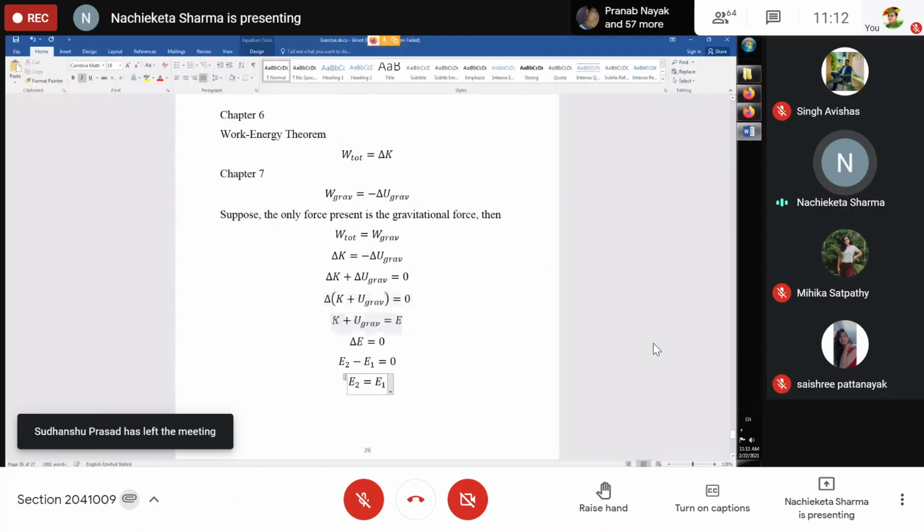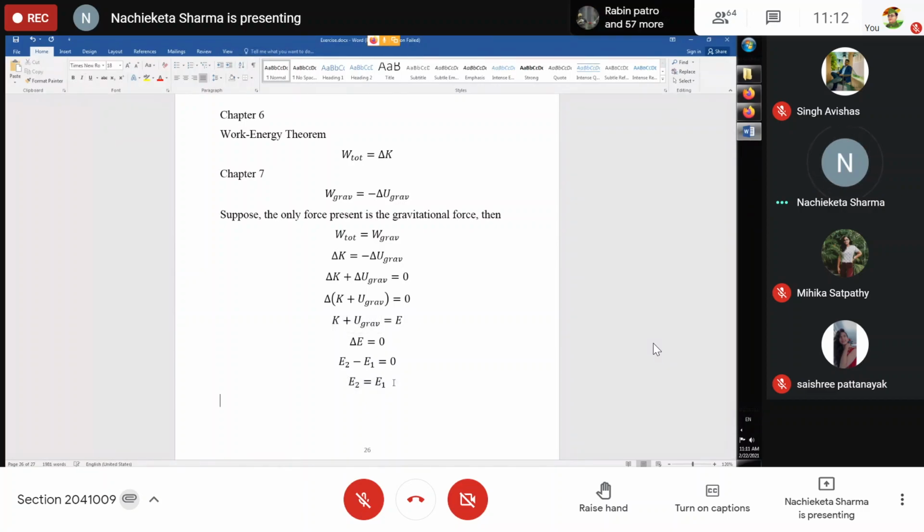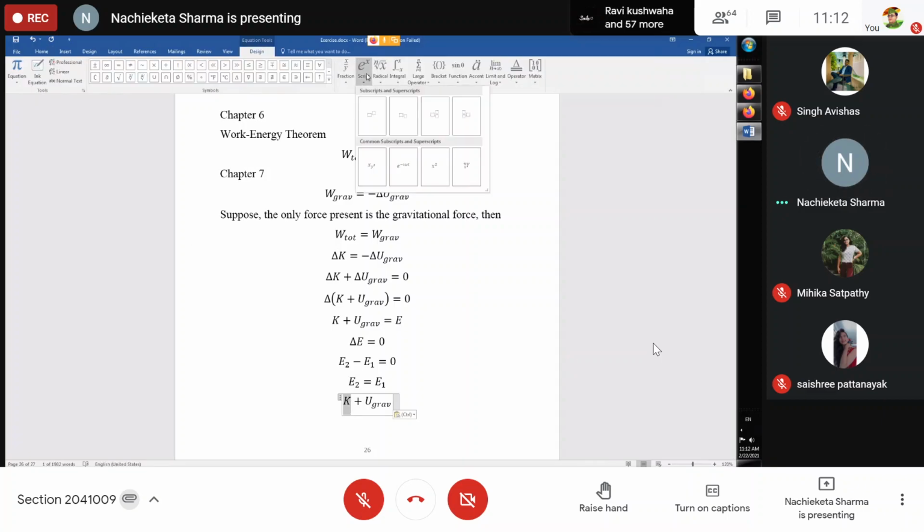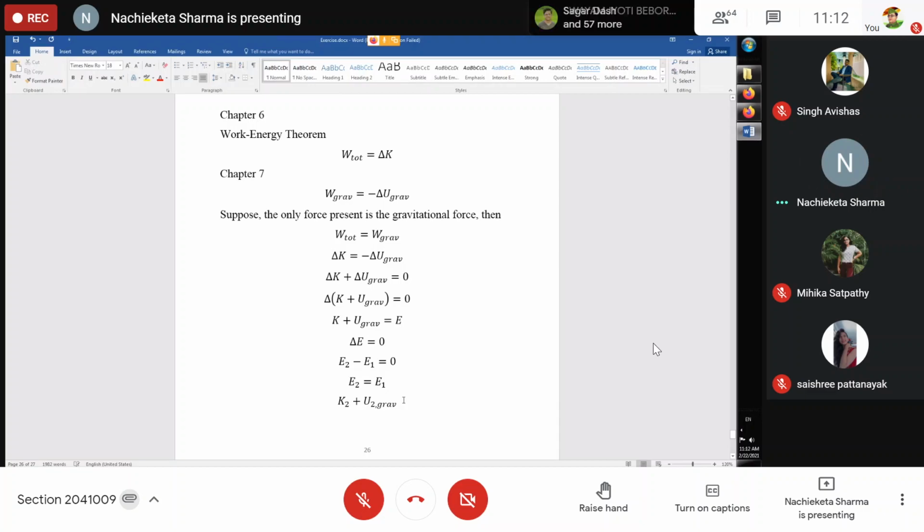Because E2 is equal to K2 plus U grav, so you can also write this equation as K2 plus U2 grav is equal to K1 plus U1 grav.